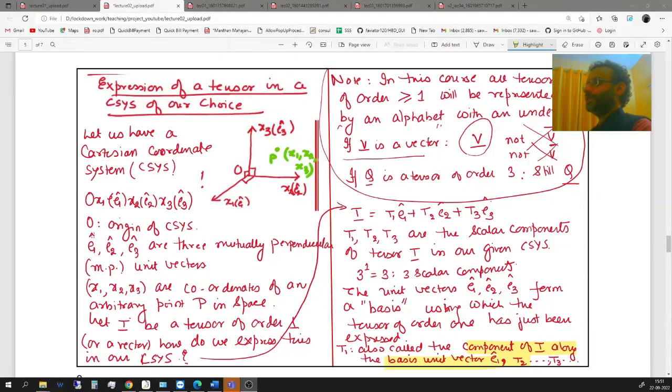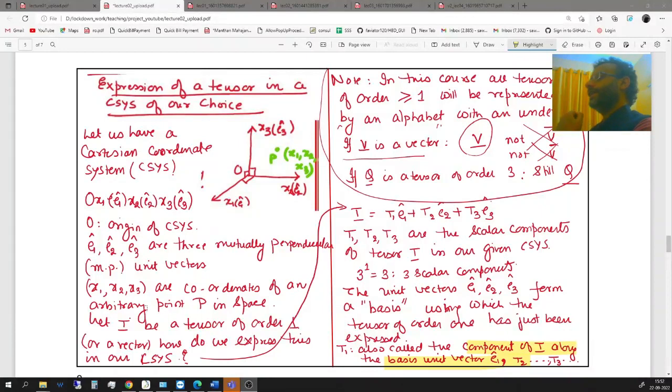Here O is telling me that that is the origin of the coordinate system. E1, E2, E3 that appear in that string of characters represent the three mutually perpendicular unit vectors. X1, X2, X3, which are appearing here, are the coordinates of an arbitrary point P in space.